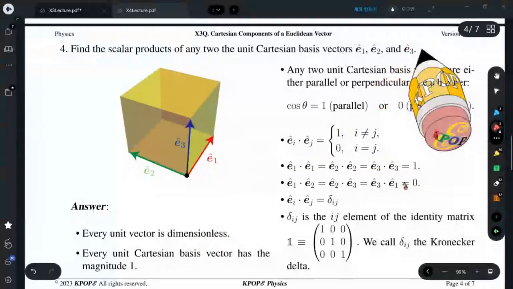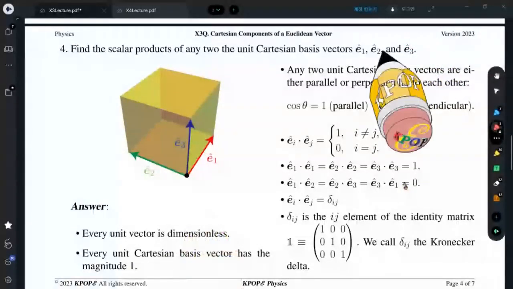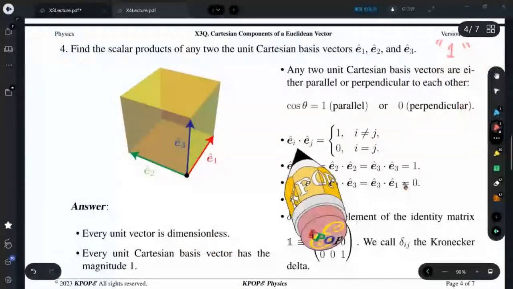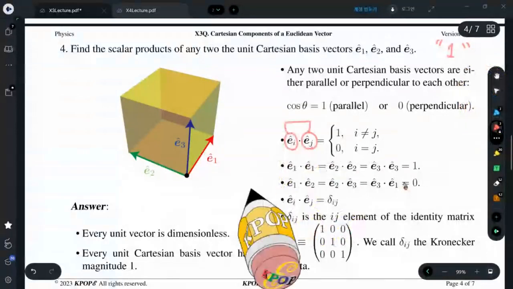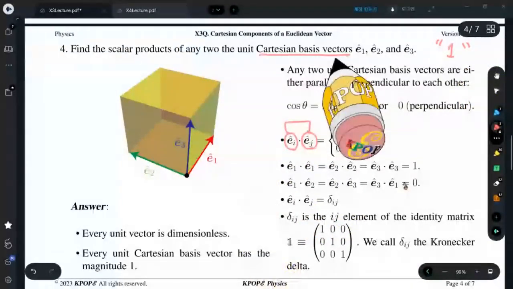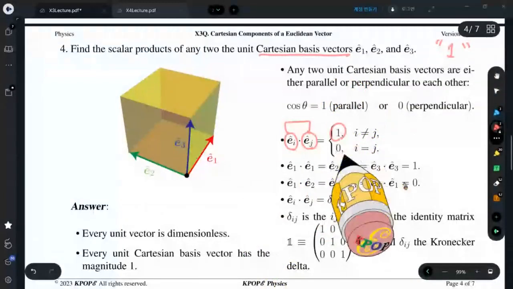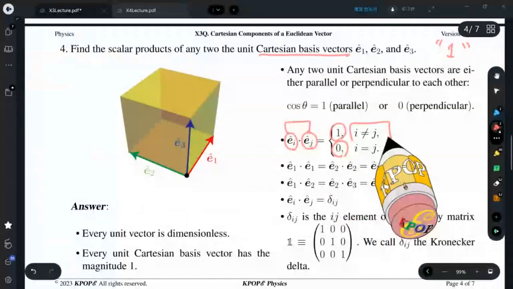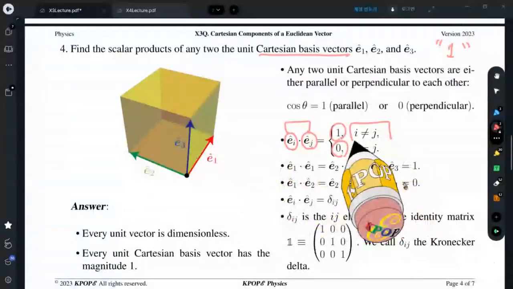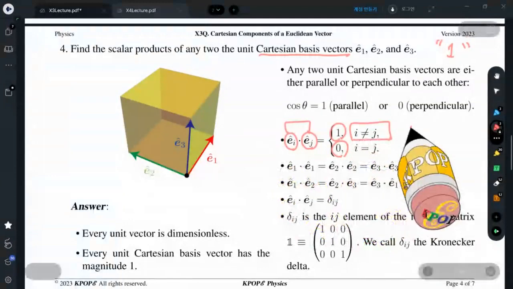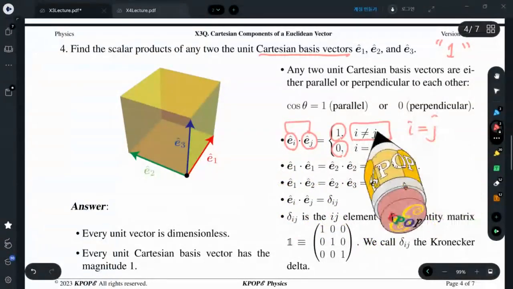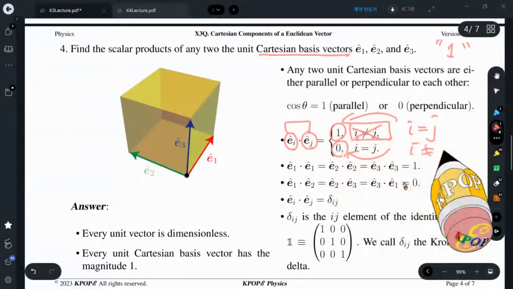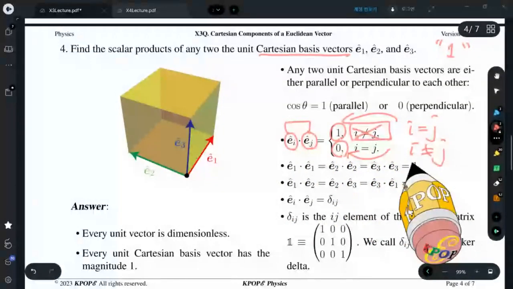Because they are all perpendicular and all of equal length, 1, the scalar product between two Cartesian basis vectors is either 1 or 0. It is 1 if i equals j. If i is not equal to j, it is 0.